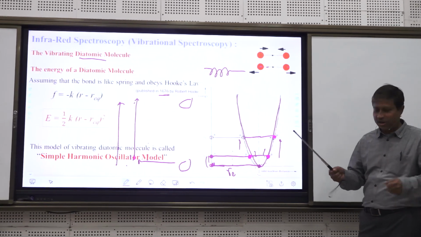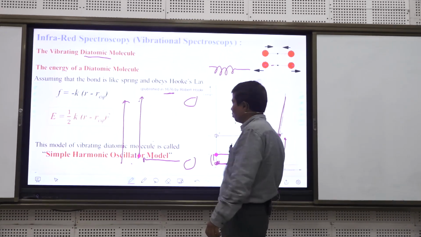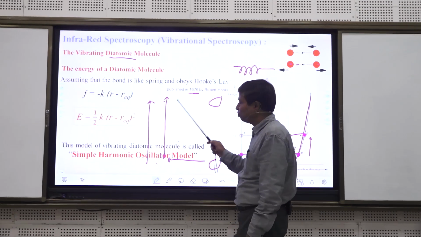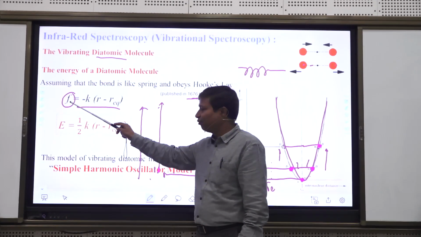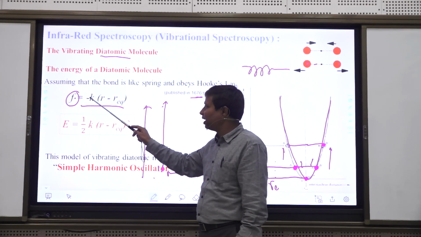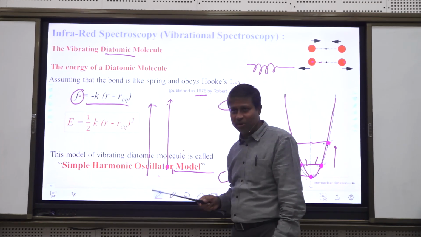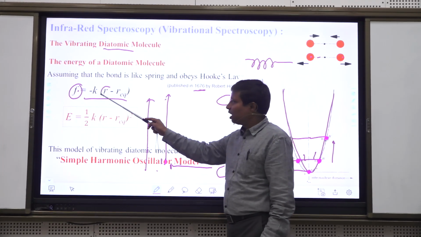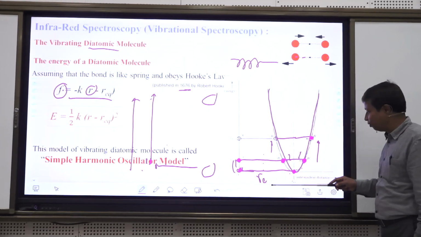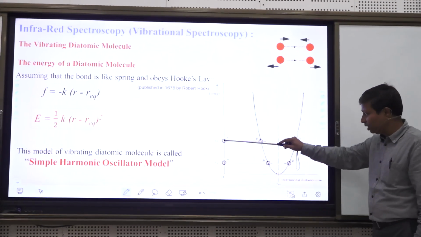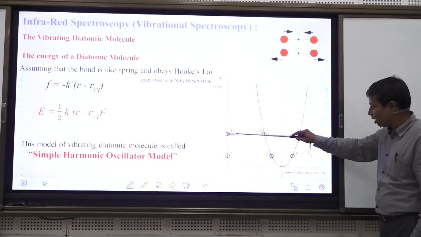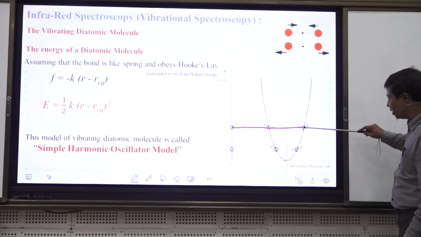Hooke compared this with the spring motion. For spring motion, this is known: the force acting on the system is minus k (R minus R equilibrium). Now, think of any scenario, say you are thinking of the stretched one.